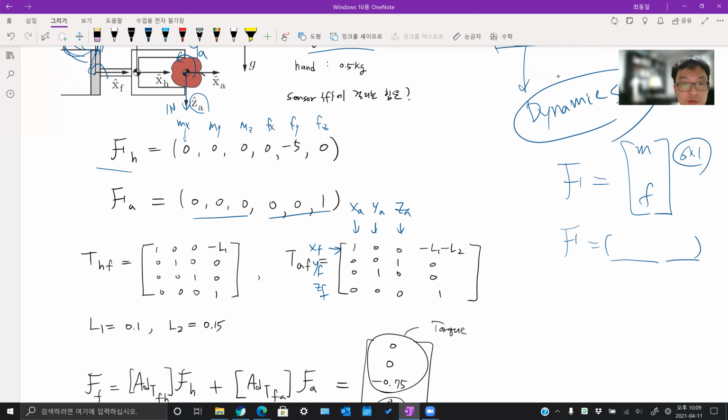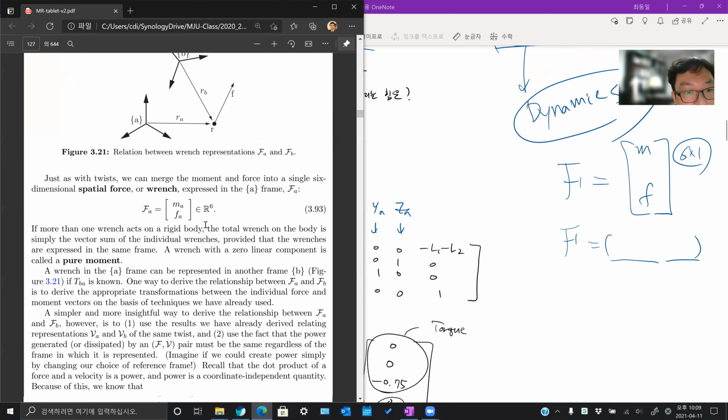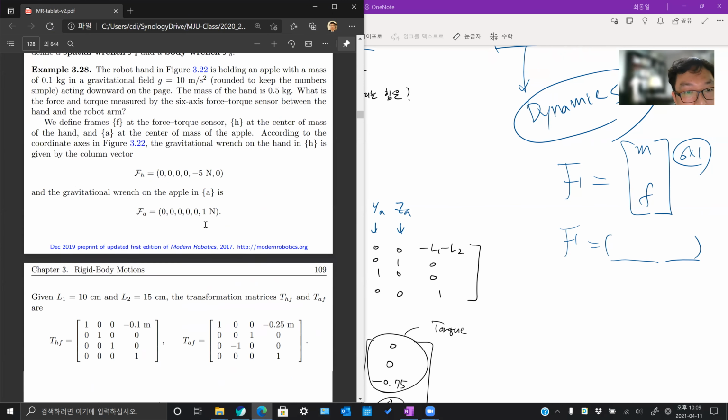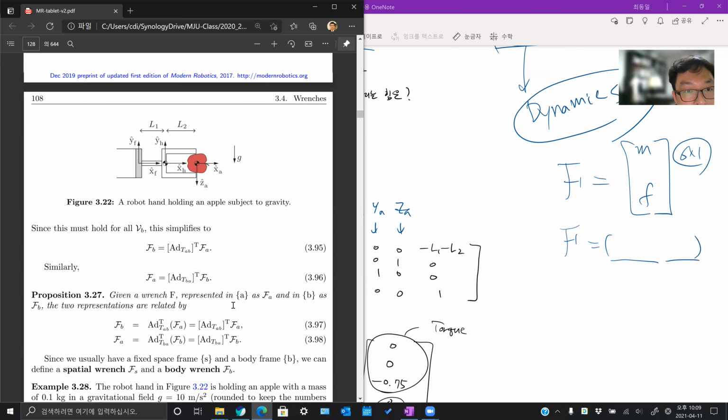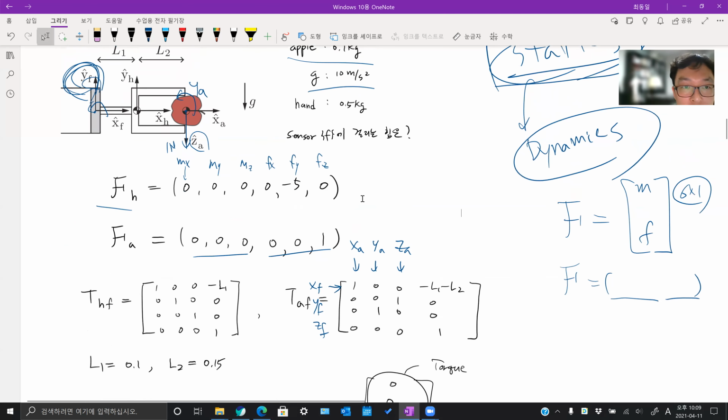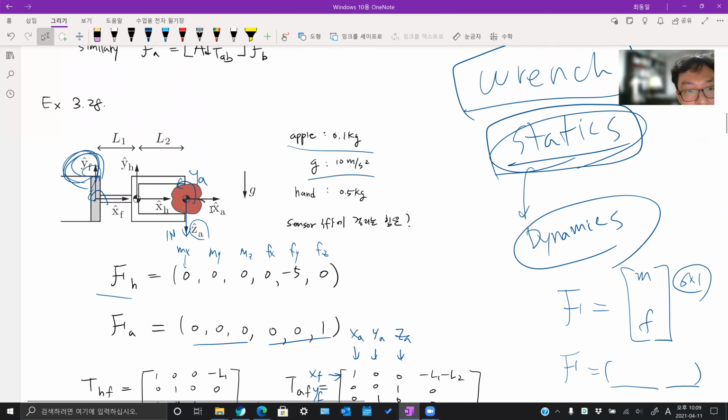Let me check about this one. It is minus. Okay, let us think again. The X direction here. The y direction should come out of here.